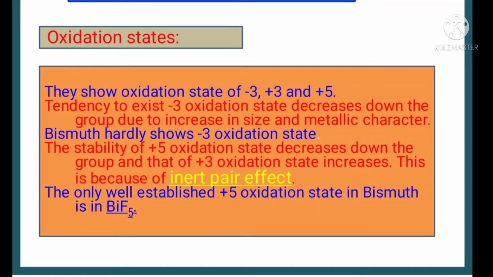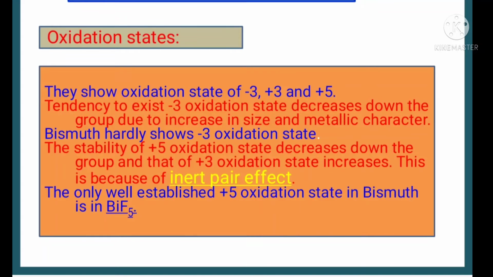First one is oxidation state. P block elements show variable oxidation states because atoms of these elements require 3 more electrons to complete the octet configuration. Gaining 3 more electrons occurs mainly with nitrogen, as it is the smallest and most electronegative element in the group.